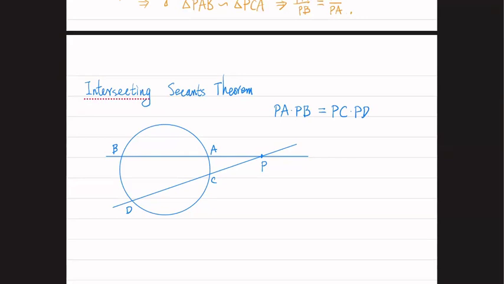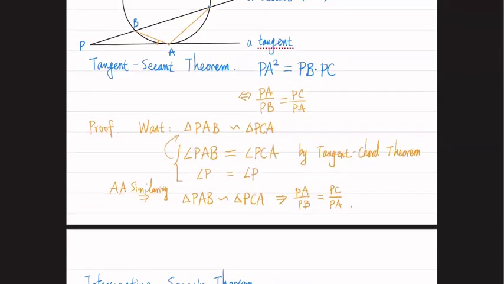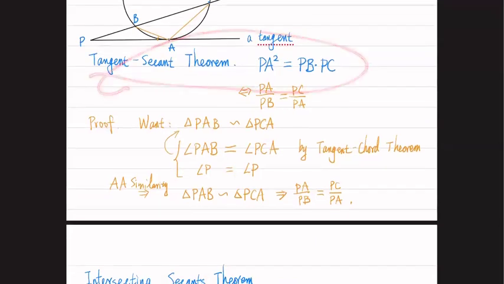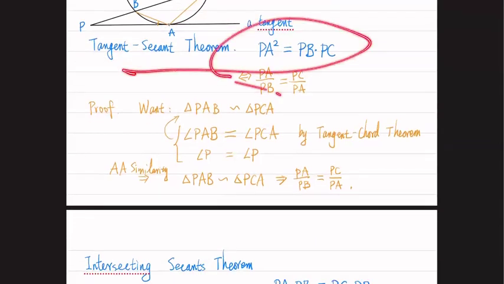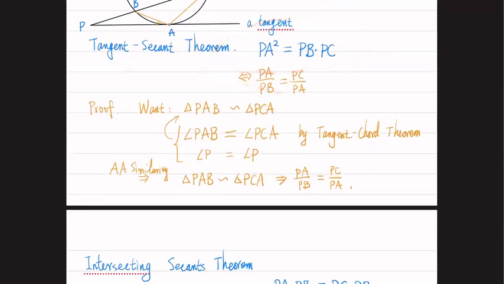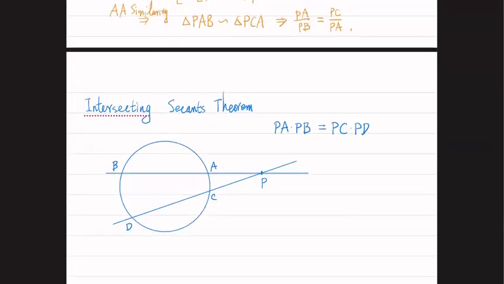Okay. There are different ways to prove this. A direct way is to check the two triangles are similar. An indirect way, we can apply this theorem twice. So to apply this theorem, we will draw a tangent line so that we can apply this theorem. I'm going to draw a tangent line.